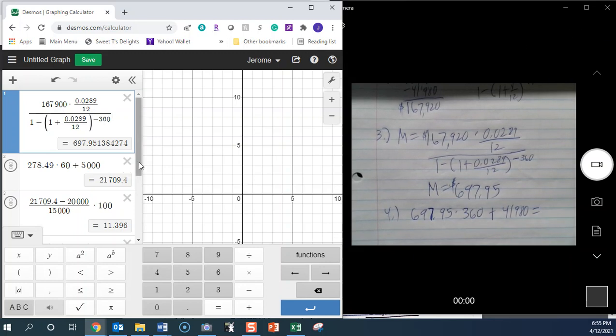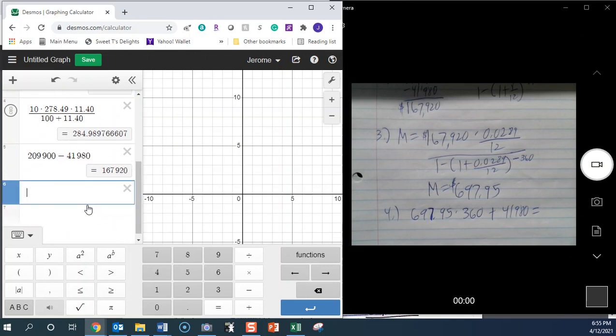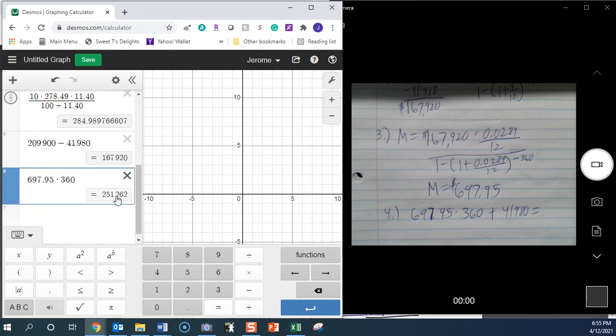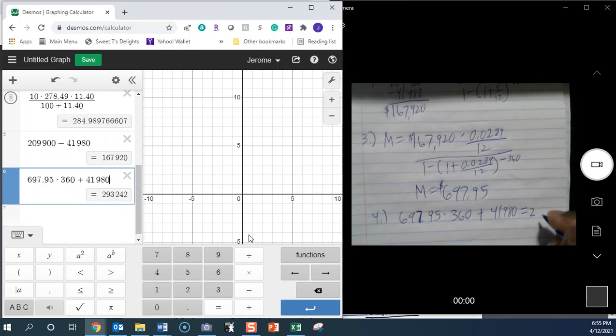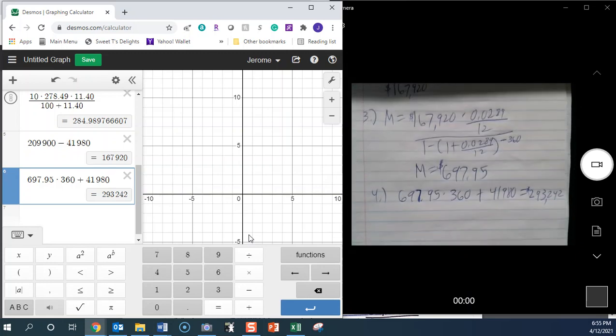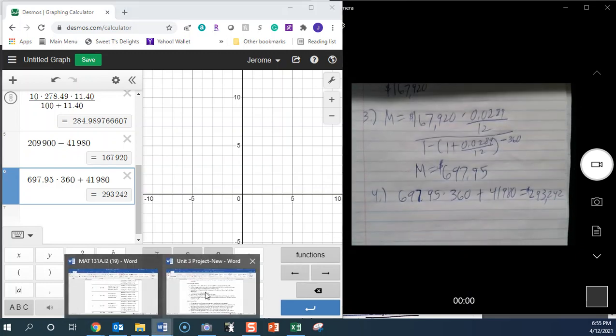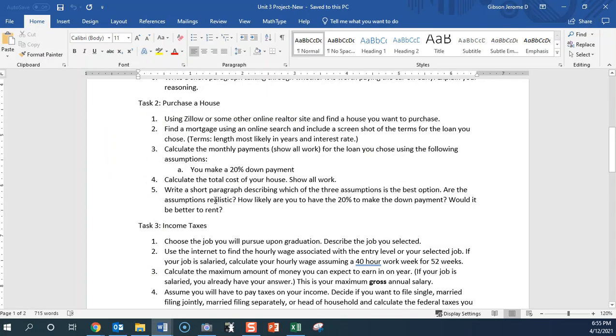So we put all this in the calculator: $697.95 times 360 plus the 41,980. So you have a total cost of $293,242. That was your total cost for the house once you do the payments.